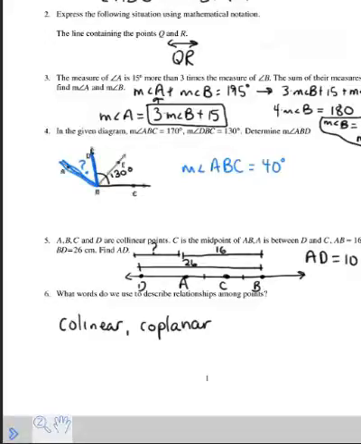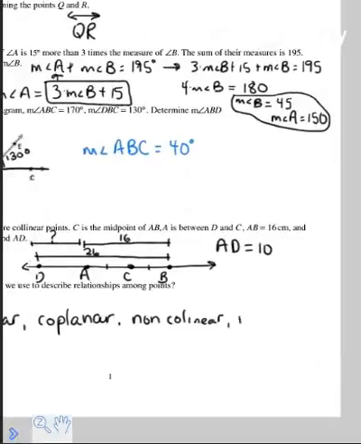But if points aren't lining up in a straight line, or if points are not on the same plane, then we could say they're non-collinear, or non-coplanar. As far as what we learned in Chapter 10, those are the words used to describe relationships amongst points.